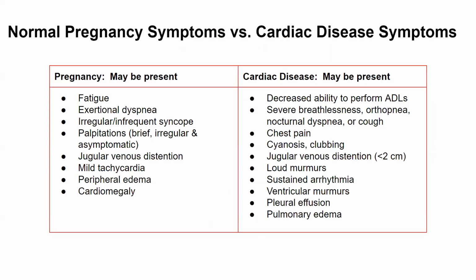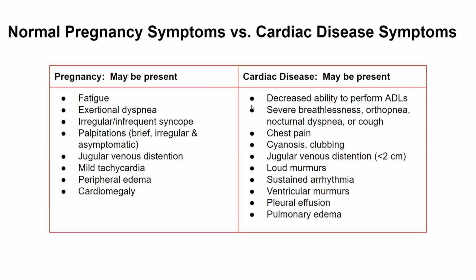So then that leads me to talking about normal pregnancy symptoms versus cardiac disease. Now, this is where a woman might get confused, and I could see these patient issues, right, that when we looked at that other chart, they might not understand that this is cardiovascular disease and they're just sloughing it off as their pregnancy.